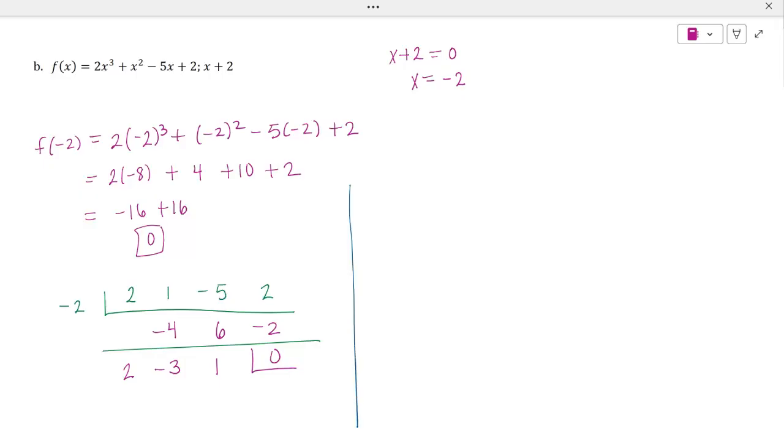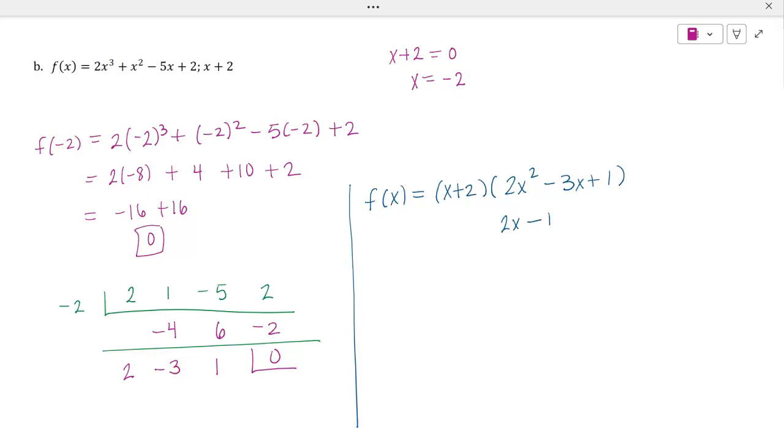So rewriting the original polynomial, we divided by x plus 2, and our new polynomial is 2x squared minus 3x plus 1.